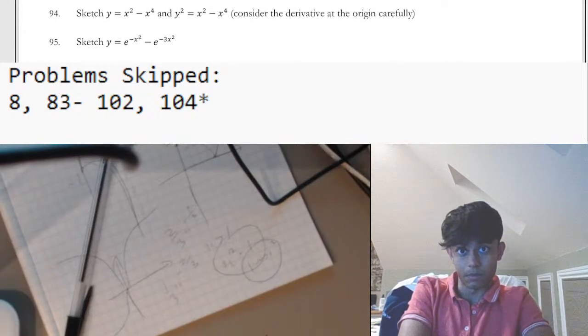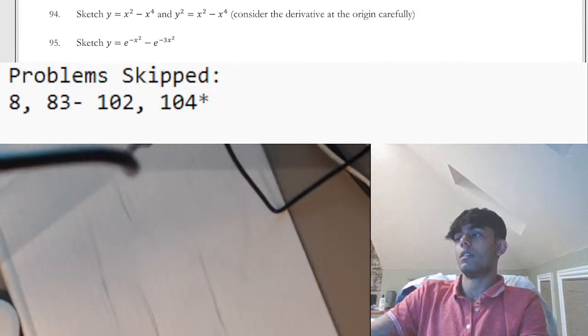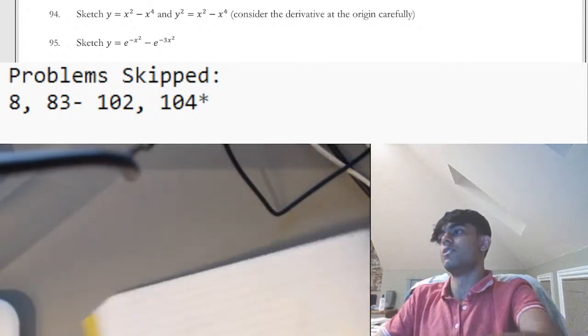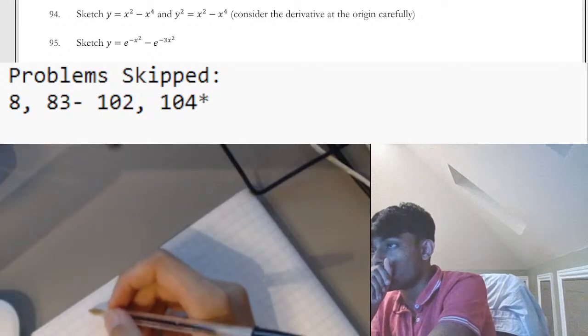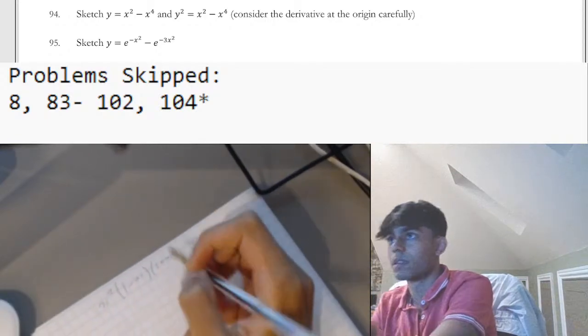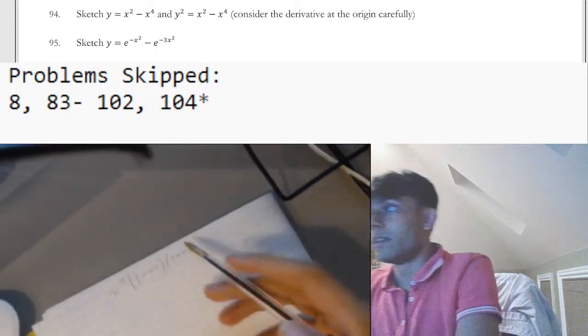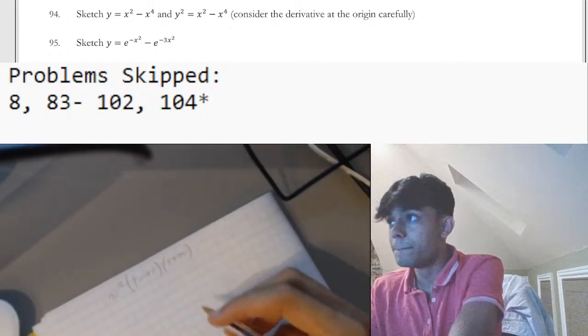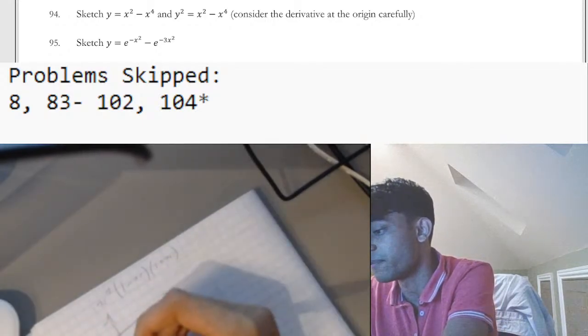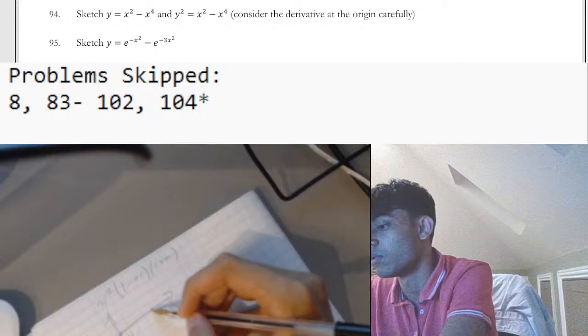Question 94, sketch that. Okay, this is not too hard. You have roots at 0, 1, minus 1, so it's x squared, 1 minus x, 1 plus x. Basically it's just a normal quartic. So you have minus 1, 0, 1.